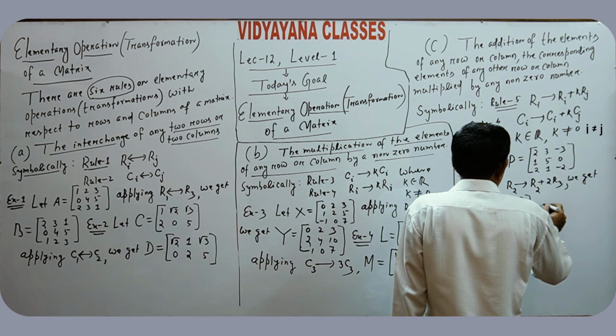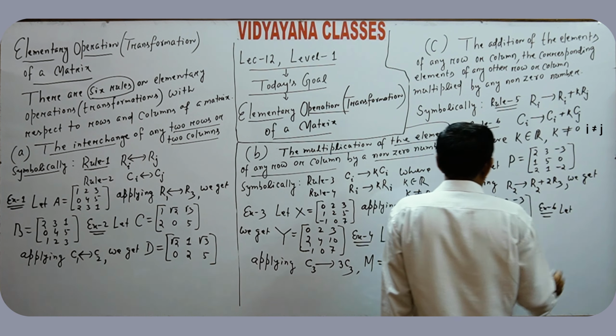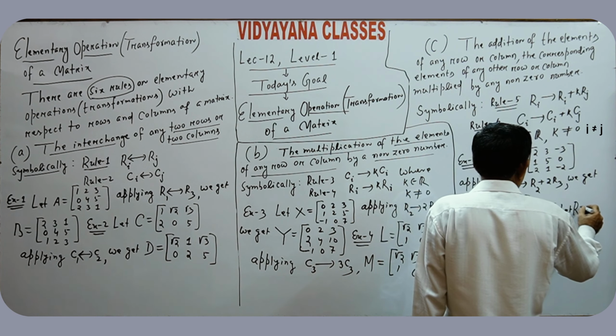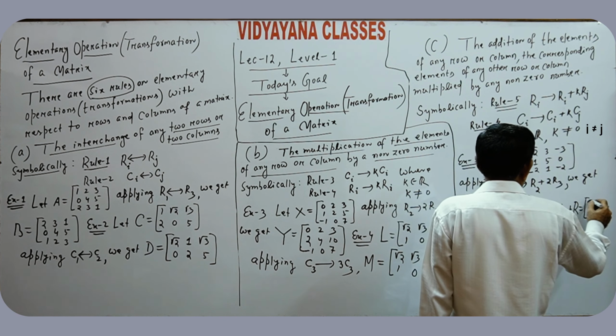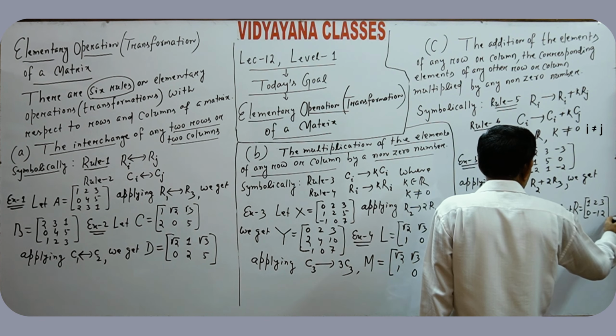Again example 6, let R be the matrix having elements 1, 2, 3, 0, minus 1, 2.